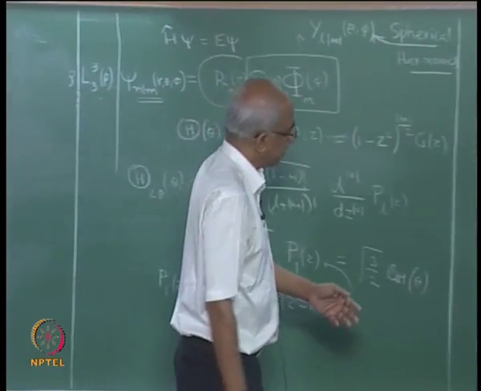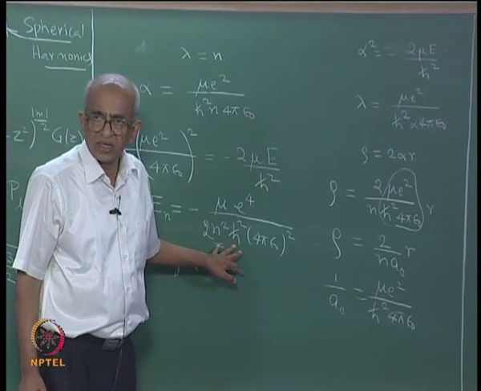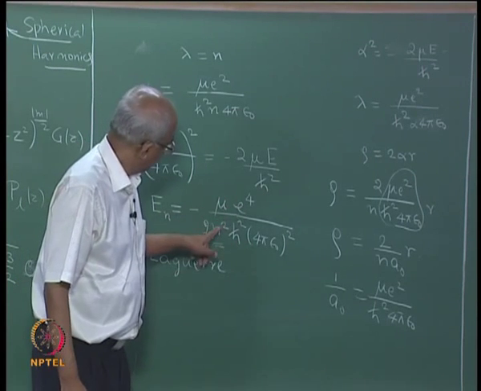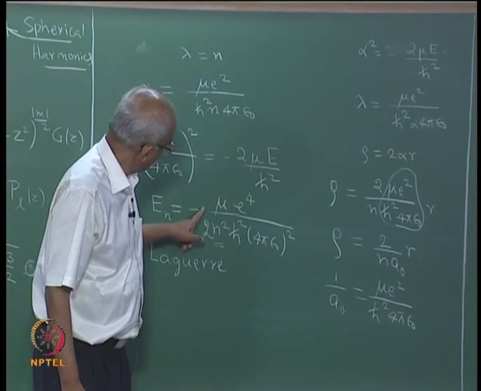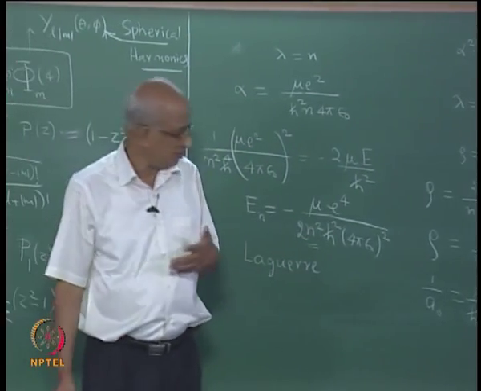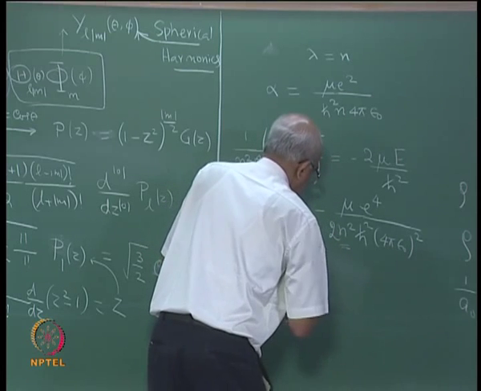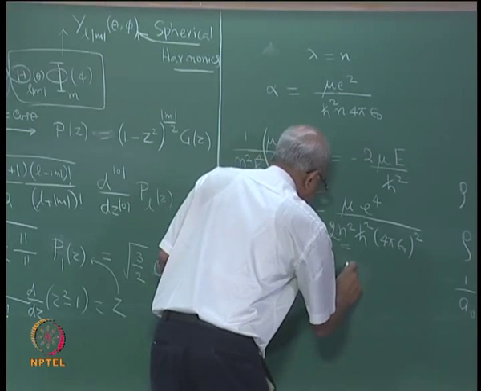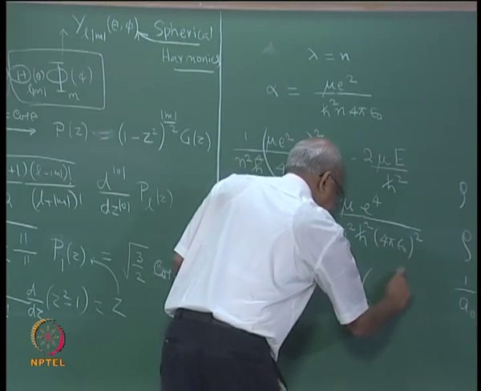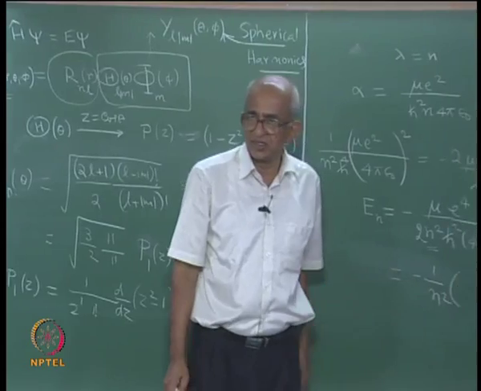The expression for energy is actually sitting here, right. You find that there is this minus 1 by n square. This is actually of the form, the energy is of the form minus 1 by n square into something which is a constant. That is how the form of the energy is.